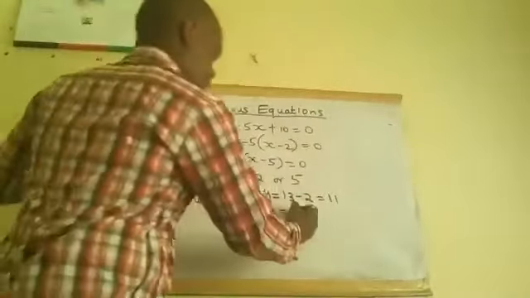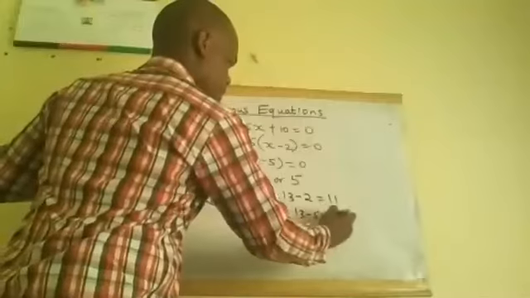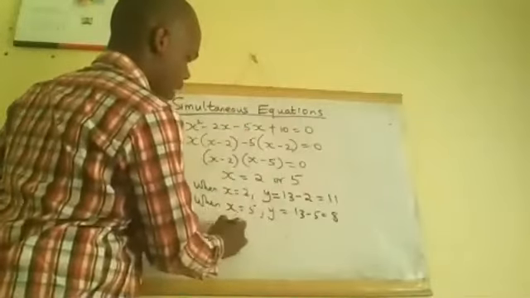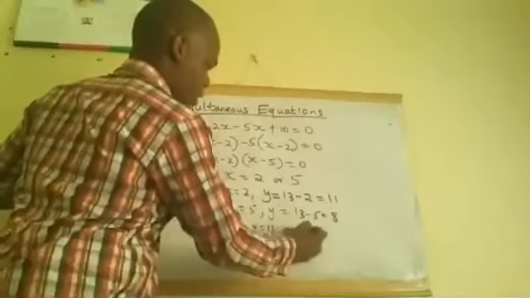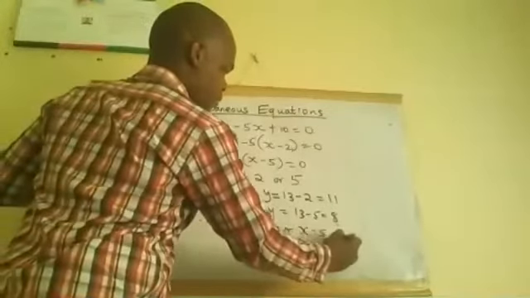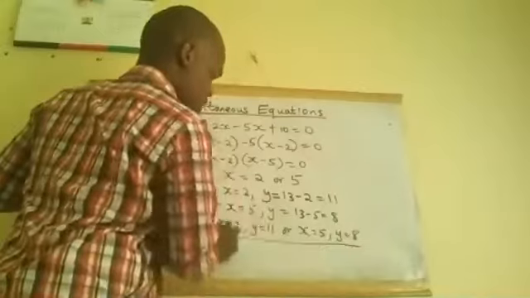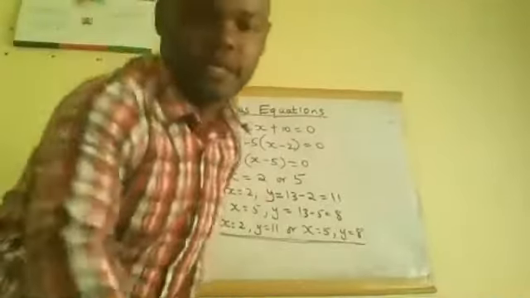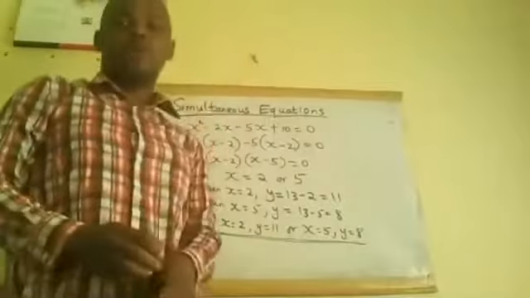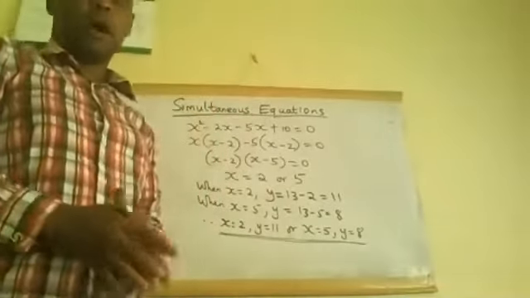So 13 minus 5, which is 8. And then you say, therefore, x is equal to 2, y is equal to 11, or x is equal to 5, y is equal to 8. So that is how we present our answer.